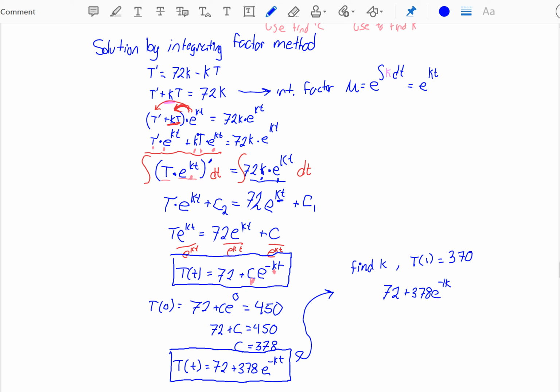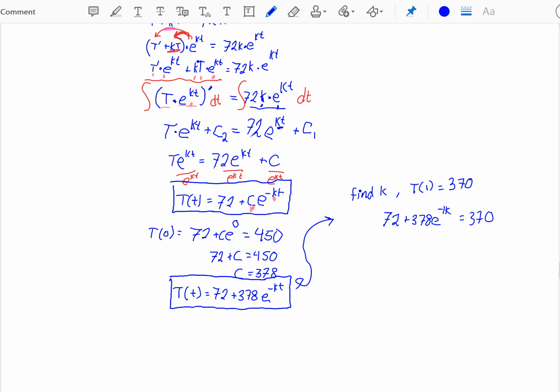Of course, I don't need to write that 1 there, but this has to equal 370. Okay, now let's solve for k. If we subtract 72 from both sides, we get 378 e to the negative k, and 370 minus 72 is 298.